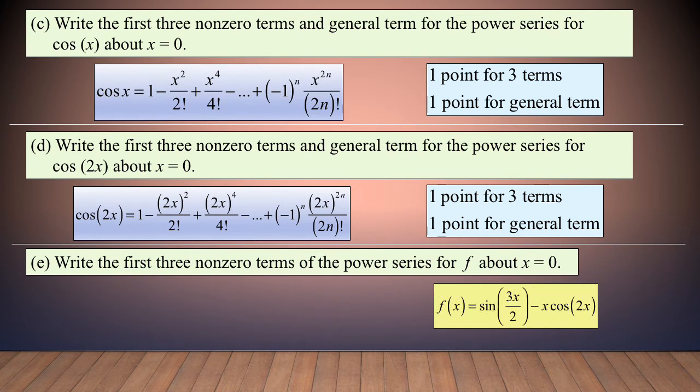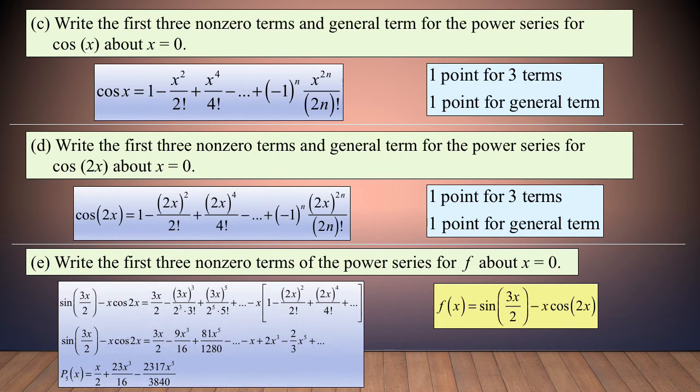E reads, write the first three non-zero terms of the power series for f about x equals 0. As a reminder, we put the definition of f, which is sine of 3x over 2 minus x cosine of 2x, below. This problem uses b and d.